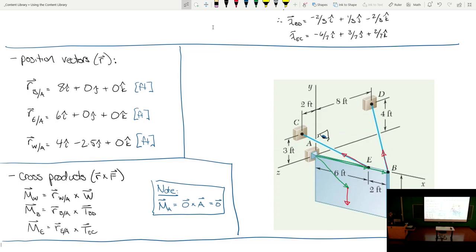Yes? Since there's no K value, can you use the 2D formula? There is on some of the forces. So that's why. I know it kind of sucks. Now, let me say this.